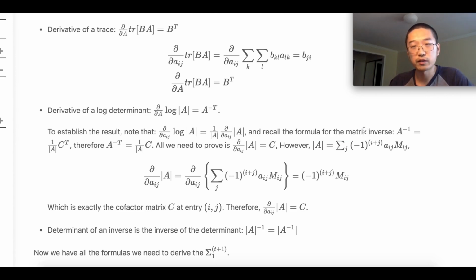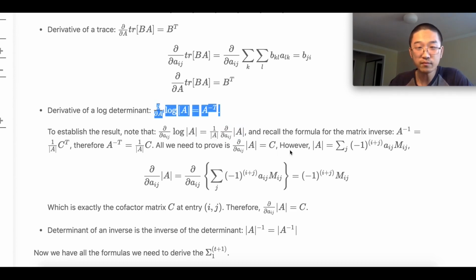Recall the formula for the matrix inverse: the inverse of A is 1 over the determinant of A times the transpose of the cofactor matrix. Therefore A inverse transpose is 1 over the determinant of A times the cofactor matrix C. Comparing these two, all we need to prove is that the partial derivative of the determinant of A with respect to Aij equals C. If we can prove that, we prove the whole thing.